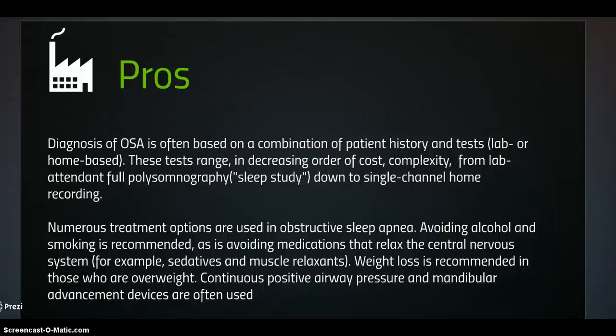Numerous treatment options are used in obstructive sleep apnea. Avoiding alcohol and smoking is recommended, as is avoiding medication that relaxes the central nervous system, for example, sedatives and muscle relaxants. Weight loss is recommended in those who are overweight. Continuous positive airway pressure and mandibular advancement devices are often used.